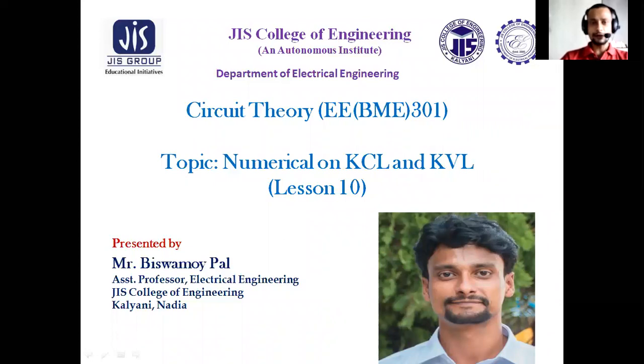There are some drawbacks of the voltage divider and current divider rules. To overcome those drawbacks, we must apply Kirchhoff's current law and voltage law. So what are the drawbacks that we already discussed in last class? You may go through the last class to understand the drawbacks of current divider and voltage divider rules and what are the applications of KCL and KVL.